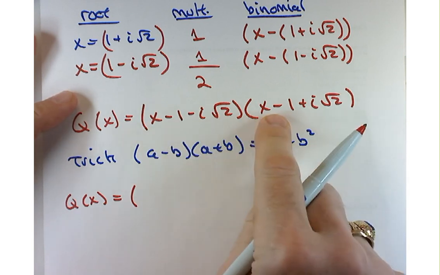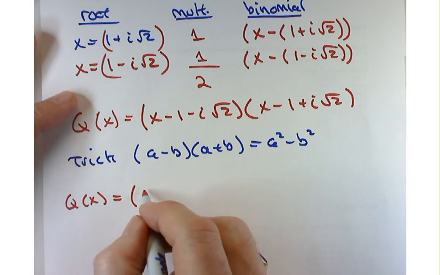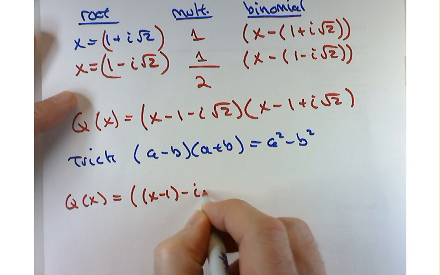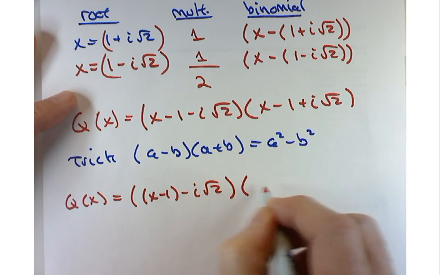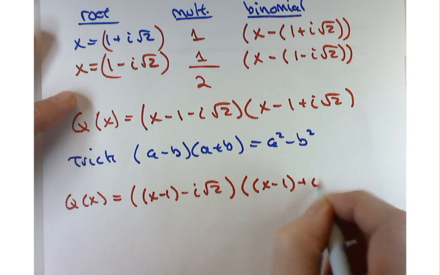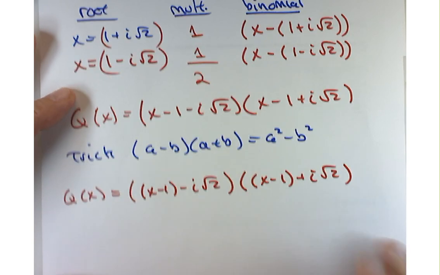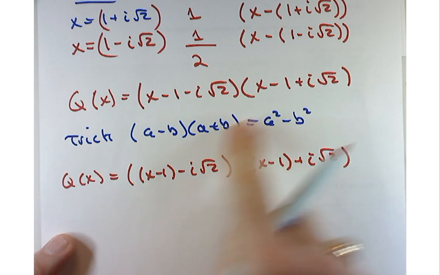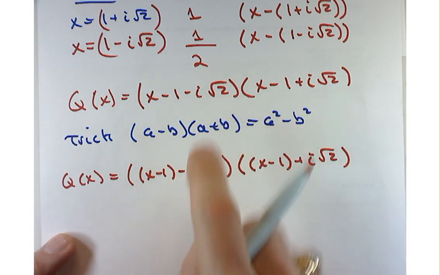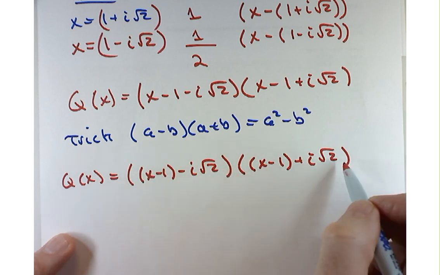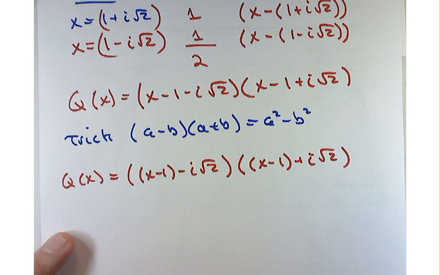Notice that I got x minus 1 in both of these things, right? I'm just going to put that in parentheses. This, now it fits the pattern that I had up above. It's a minus something times a plus something. It's exactly the pattern I have up above.